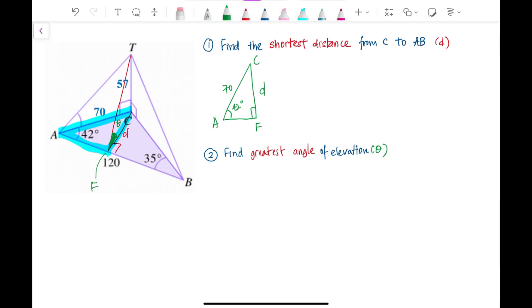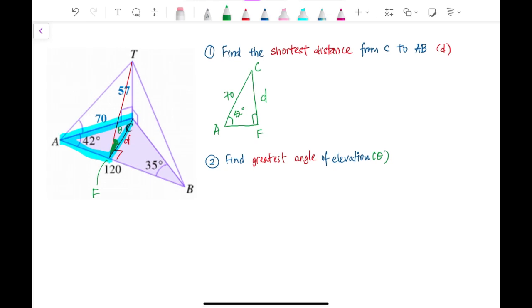Since we have a right angle triangle, we are simply going to apply SOH CAH TOA. Based on this, I have the angle, I have the opposite and the hypotenuse.